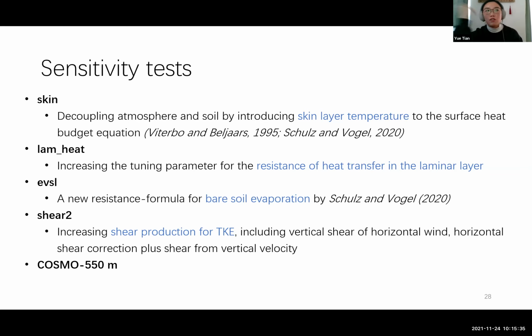In the foehn period, we are expecting a well-mixed atmosphere, but in Cosmo 1 the atmosphere is still overall stably stratified. With Cosmo 500, it is actually improved a little bit. So that's why we suspect the turbulence scheme could be one of the reasons. Okay, yeah, that makes sense.